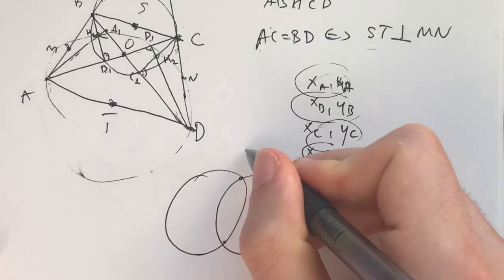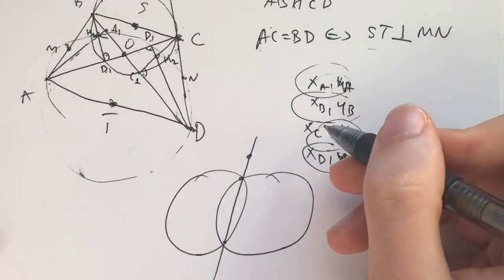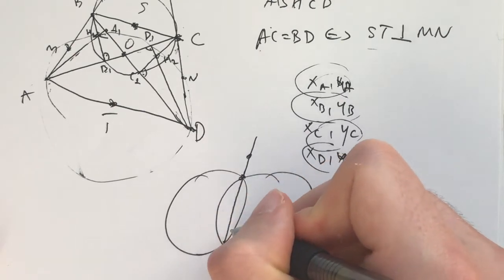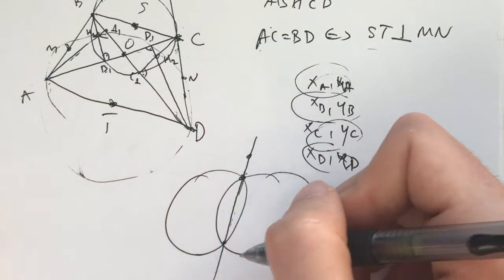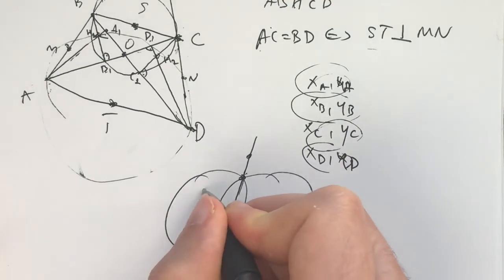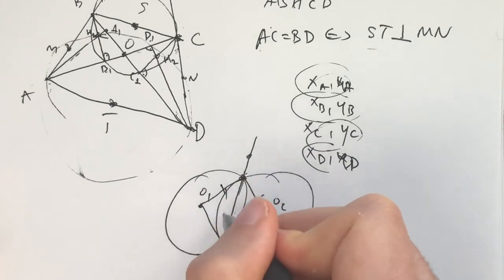It's the set of points which have the same power of a point with respect to the two circles, and they lie on the line formed by the intersection of the two circles. And we know that if we take the centers of these circles, O1 and O2, we have this and we have this.